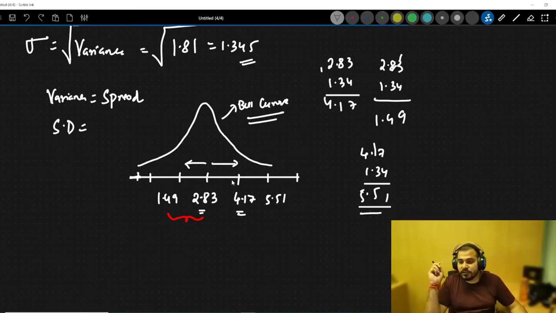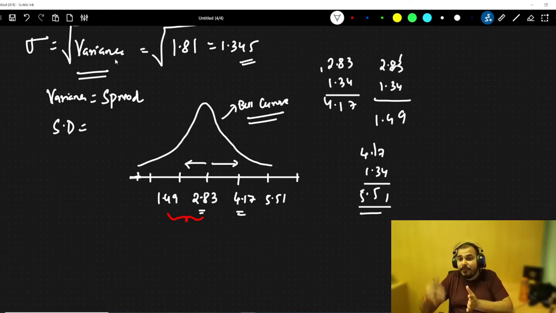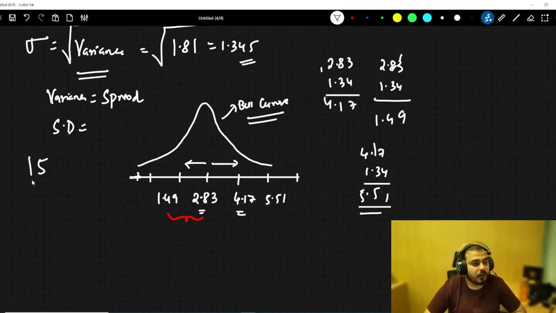So standard deviation is the square root of variance. That basically means how far an element can be from the mean. Let's consider that I consider 5. For 5, if you try to calculate, it may fall somewhere here. So how are you going to represent 5?